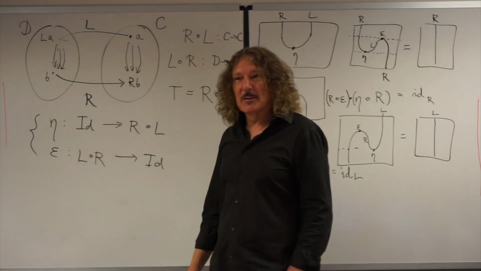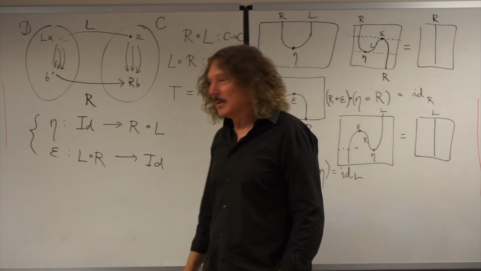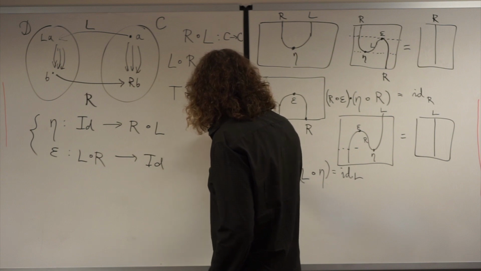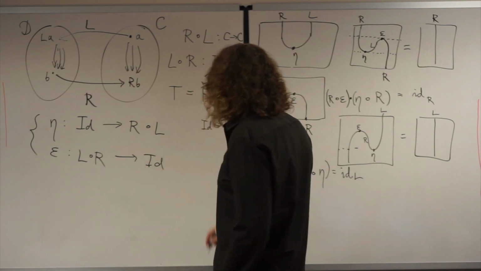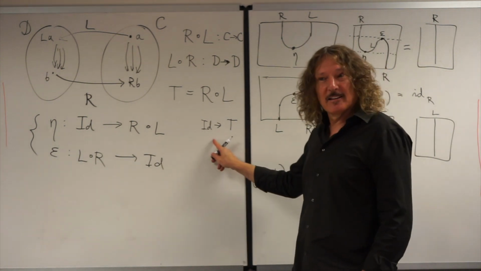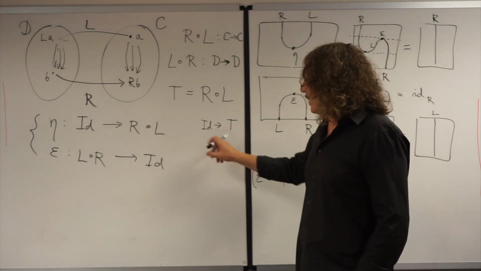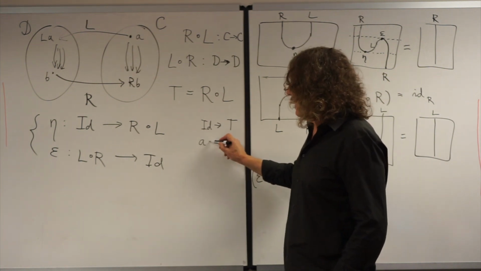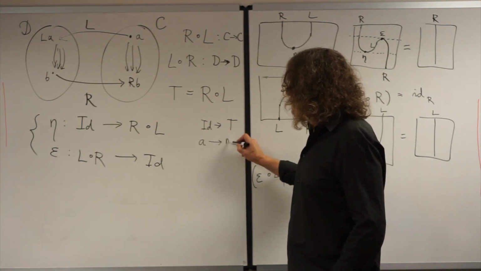Remember what a unit for a monad was? It was a transformation that went from I to T, right? In Haskell, that was our return, or pure. The component of it would go from object A to object TA.